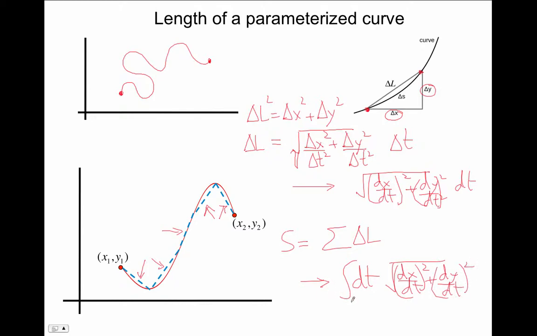What are the limits? The starting time, let's call that t starting till t finishing. Those will be the limits of the parameter t, and they will give us the total distance that we will have walked.